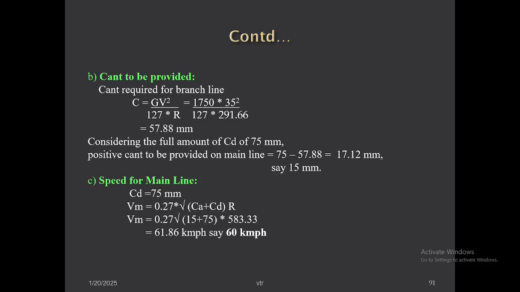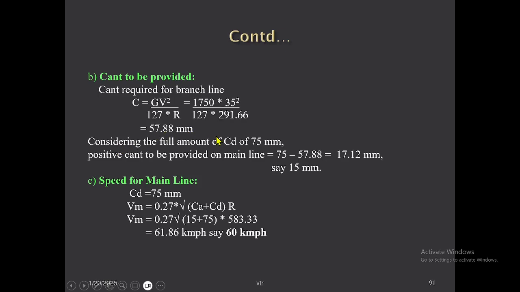Here first we are finding out the cant required for the branch line, using the relation G V squared by 127 R, or 13.76 V squared by R. We substitute the turnout speed permitted, that is 35 kmph, and the radius of the branch line. So the cant required for the branch line is 57.88 mm.